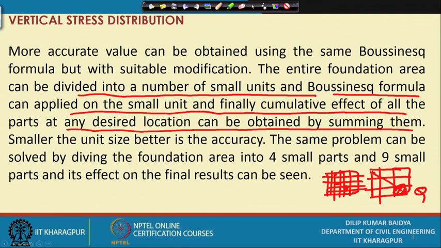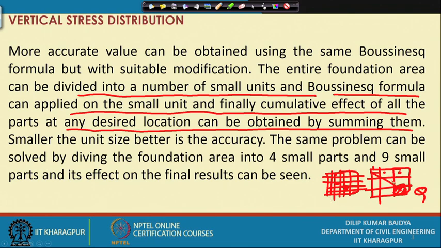Like this, if I want to find out the effect of this on this, I can, because the distance between this and this is taken as another r. Then this distance can be considered another r.